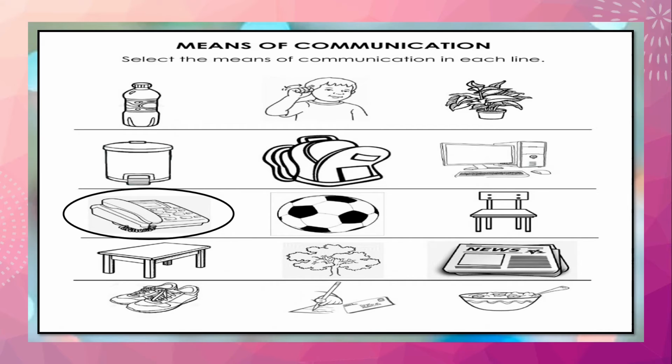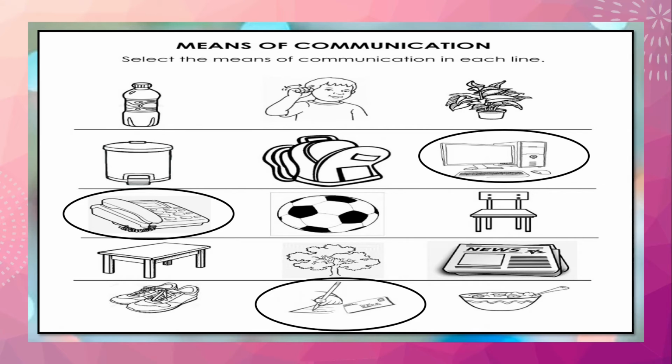In second line, letter is the means of communication. And in third line, computer and newspaper are the means of communication. So children, like this you have to complete worksheet number 1. After selecting the means of communication in each line, you have to color the picture.